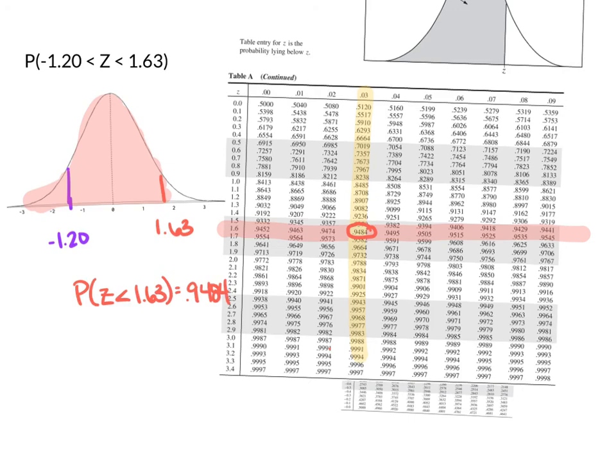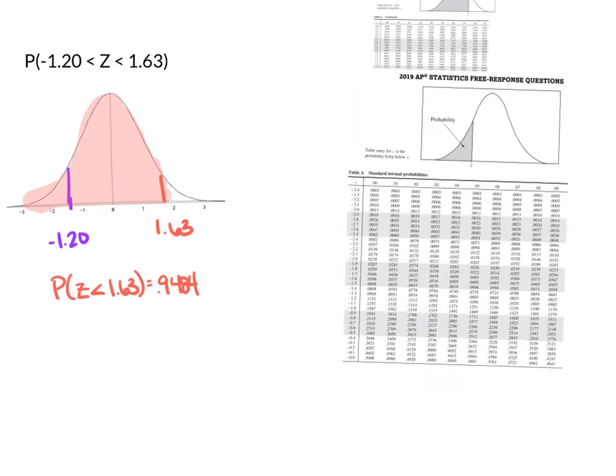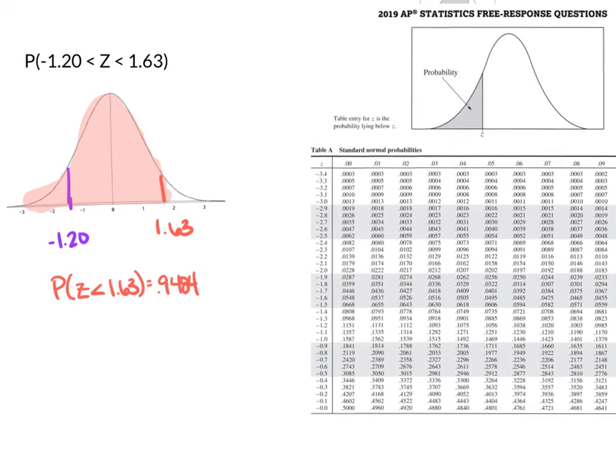Then the other table I'm going to look at is the negative z-score table. We're going to look at negative 1.2, which means we shade the area to the left of negative 1.2.